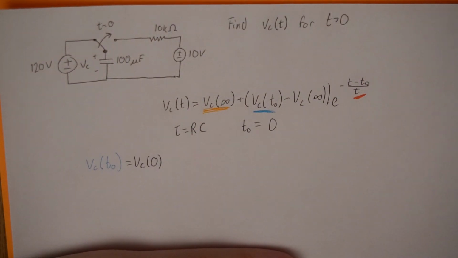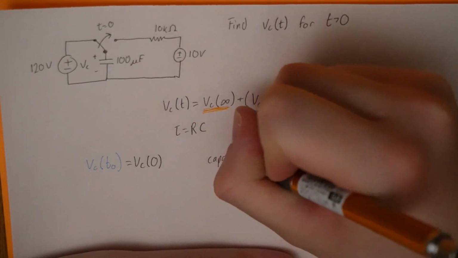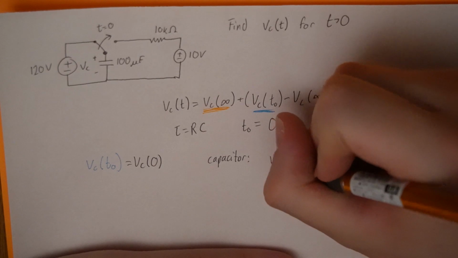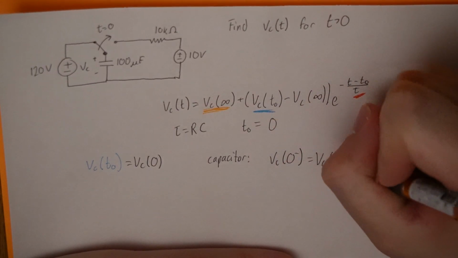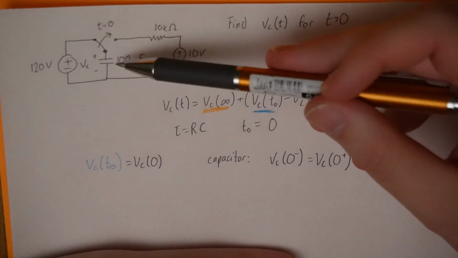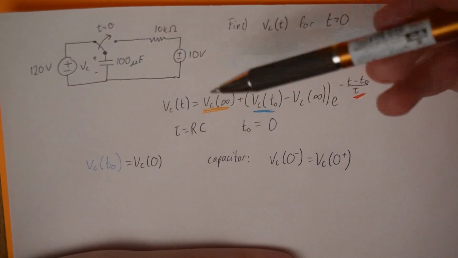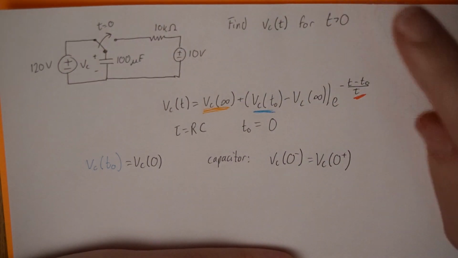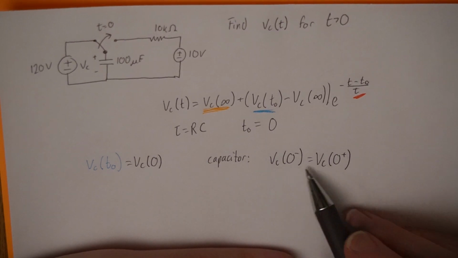So for a capacitor, VC at 0 minus equals VC at 0 plus. This equation is important because the voltage across the capacitor is continuous, so it can't do any jumps. So when we flick the switch, the voltage it had before the switch flicked will be the same as the voltage immediately after.